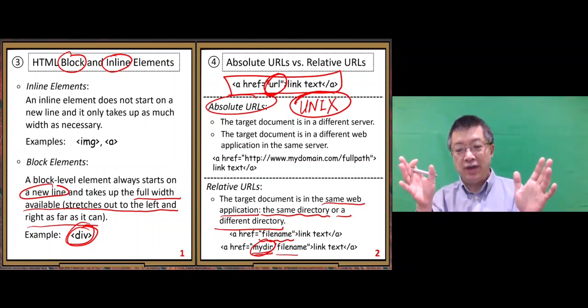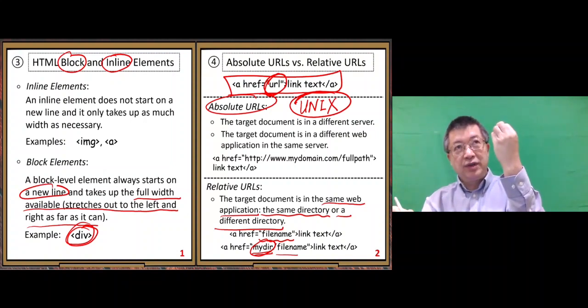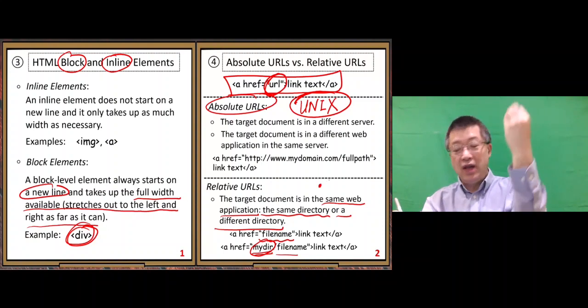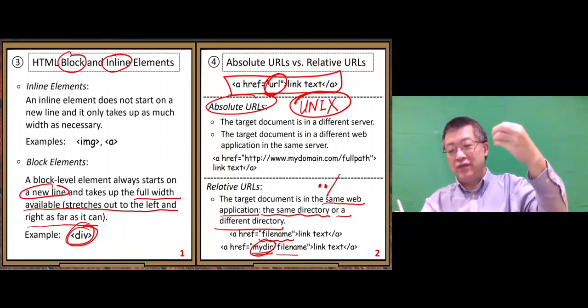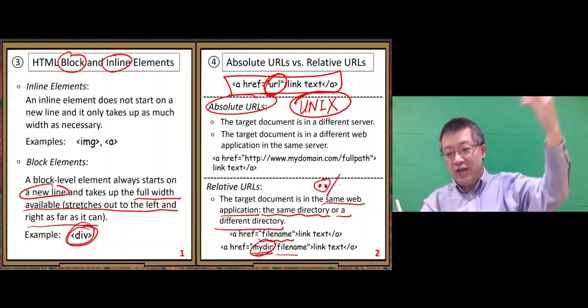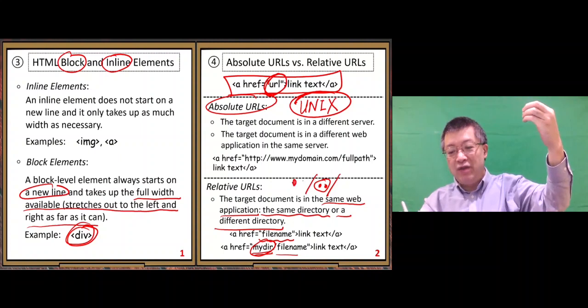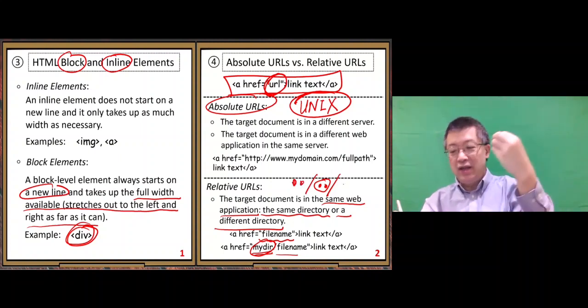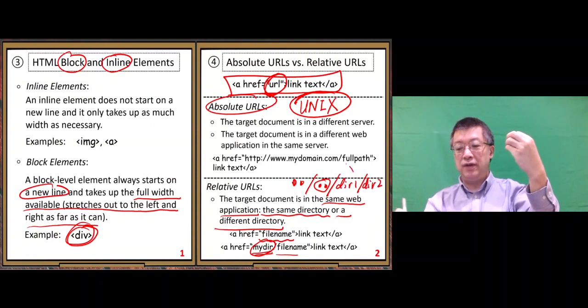Remember, dot refers to the current directory, and dot dot the parent directory. So you can go to your parent directory, the parent of the parent directory, then other directories, dir1, dir2.